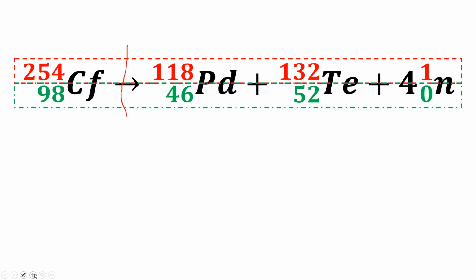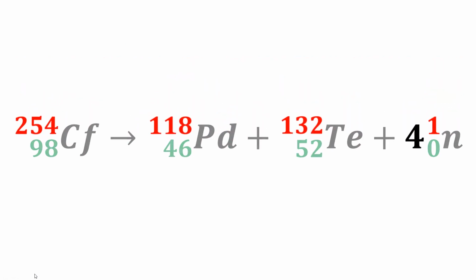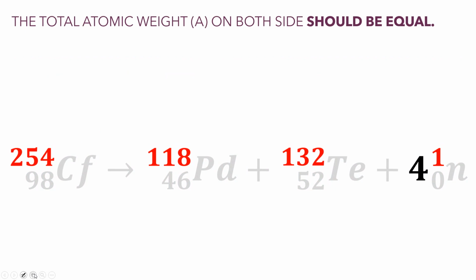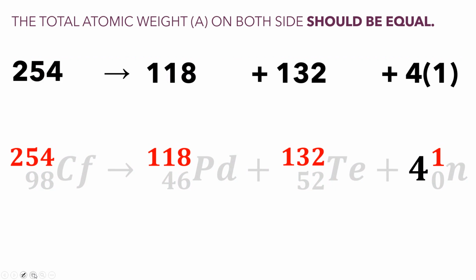Let's look at the above part. If we look at the atomic weight, the total weight of A on both sides should be equal. Kapag pinag-plus mo yung atomic weight sa right, dapat equal siya sa left.